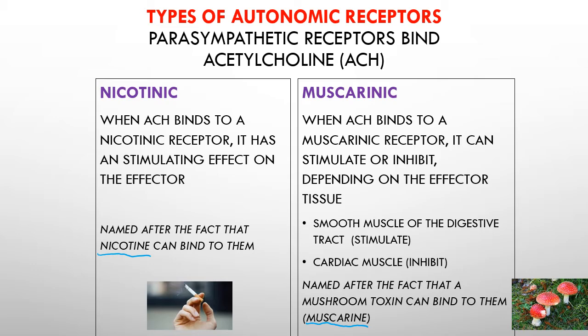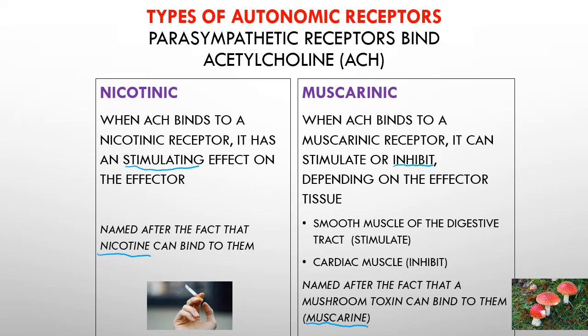So when acetylcholine binds to a nicotinic type of receptor, it's going to have an activating type of effect. It's going to be a stimulating effect on the effector organ itself. And so we're going to have activation. We're going to stimulate that next cell to do something. Versus the muscarinic type of receptor, this is going to inhibit.